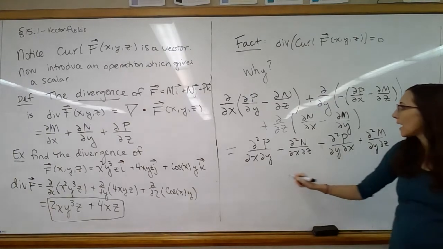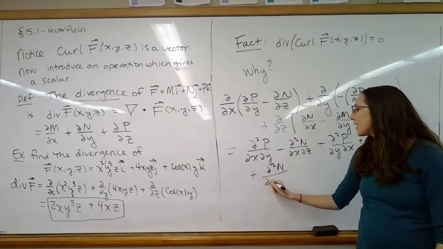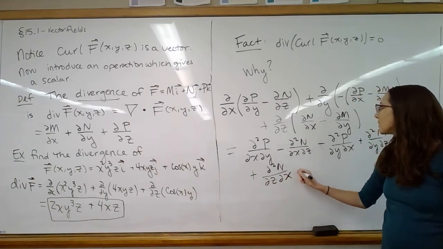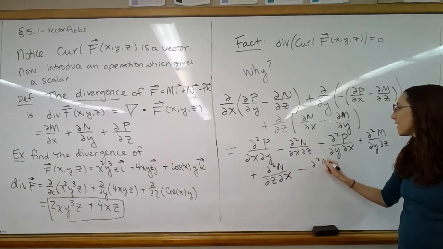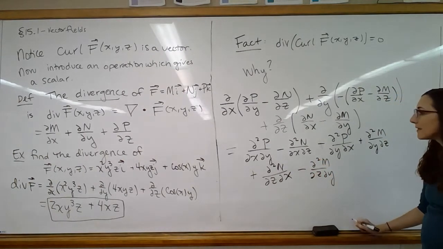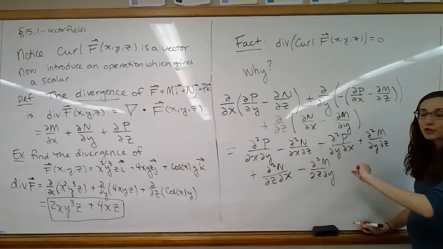And then plus the second partial of n, dz dx, and then minus the second partial of m, dz dy. And then if we look at everything we've got, mixed partials should be equal.